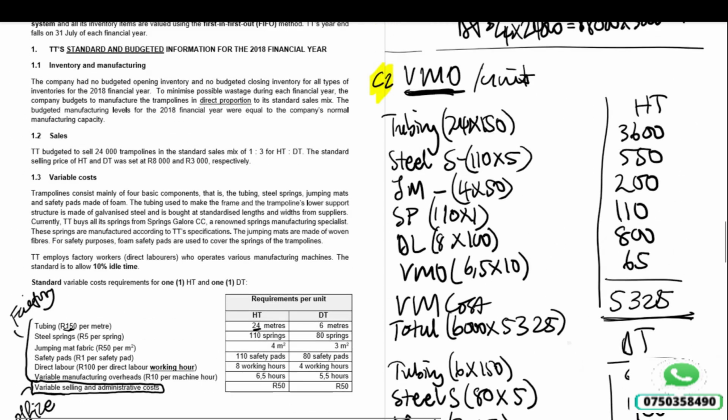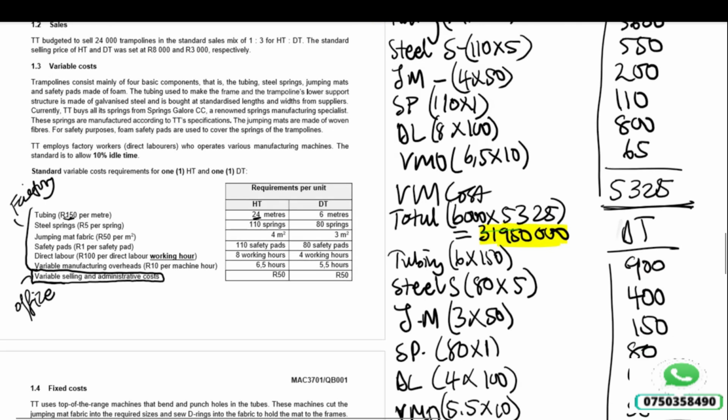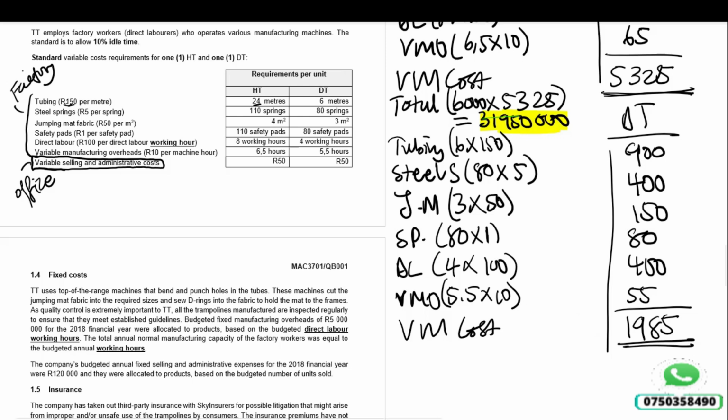It gives me a total of 31,950,000. Okay, so that's the total that I need to take to my statement.